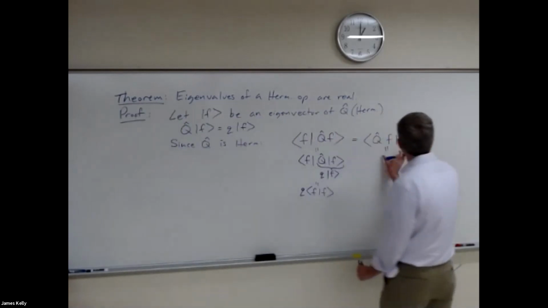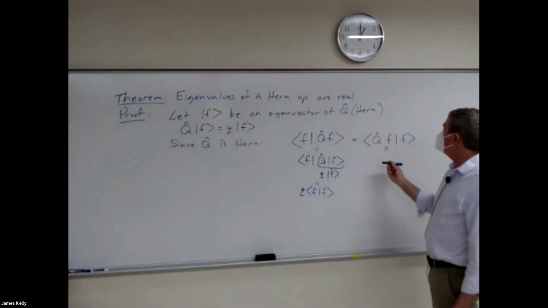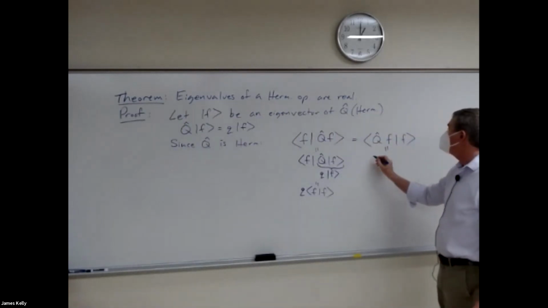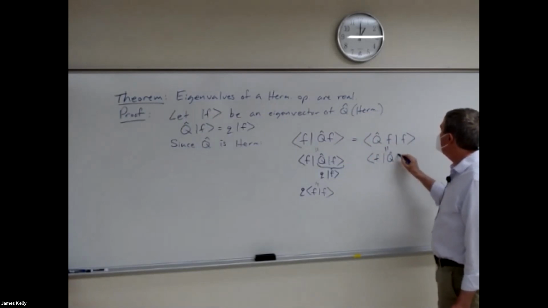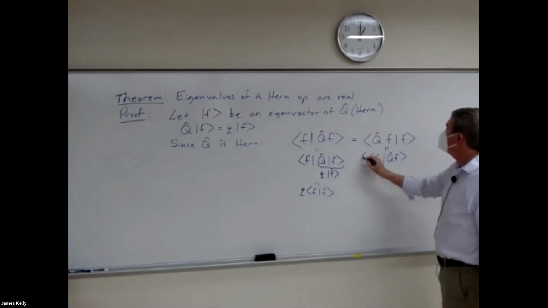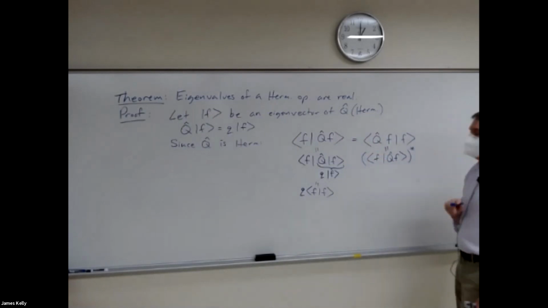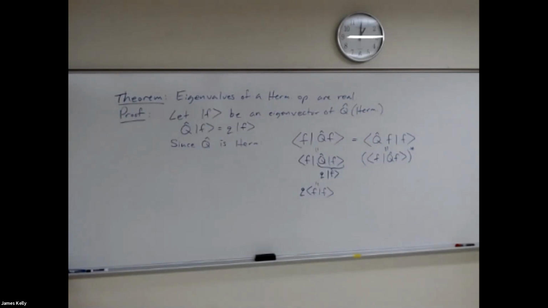Okay, so what I'm going to do is flip it around. This is the same thing as F inner product with QF, as long as I put a big star on the whole mess. That's conjugate symmetry. All of our inner products satisfy that. Okay, now I'm going to do the same trick I did before. I've got this QF there.